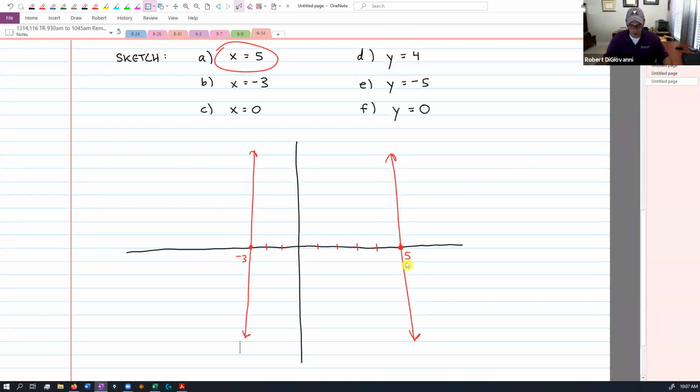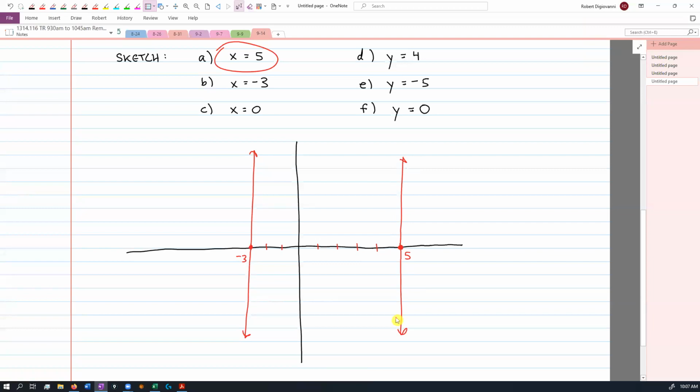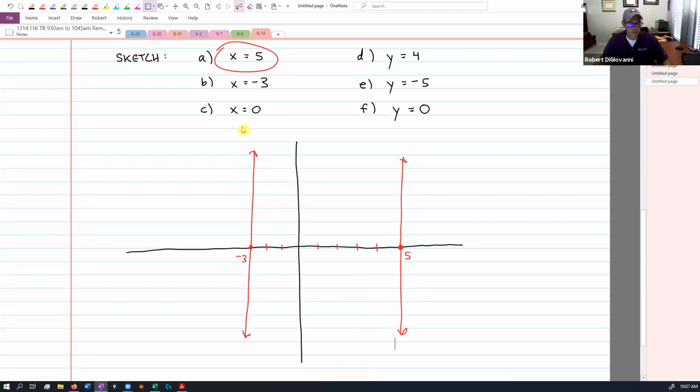That first one I drew, does it? Okay, Chelsea, sticking with you, how about part C? It'll be on 0, vertical. Okay, and so straight up and down, right here from 0.